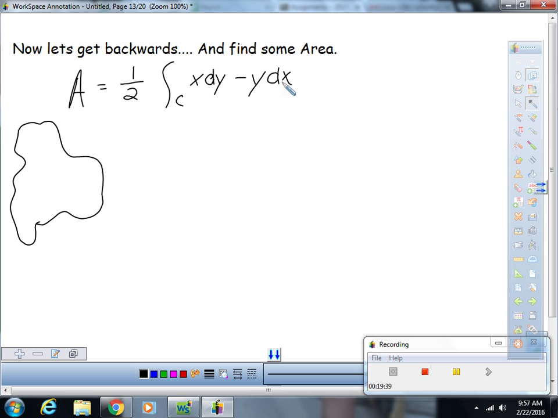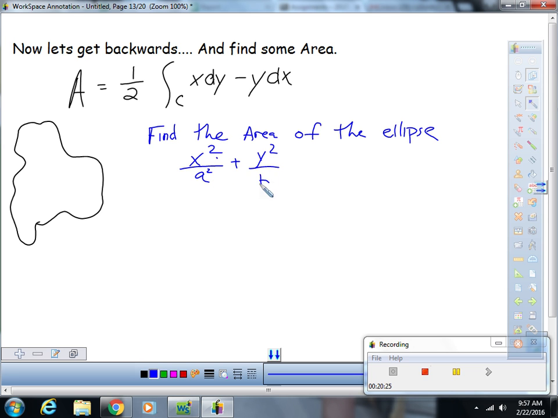So, let's use this to, I'll switch to blue, find the area of the ellipse x squared over a squared plus y squared over b squared equals 1.